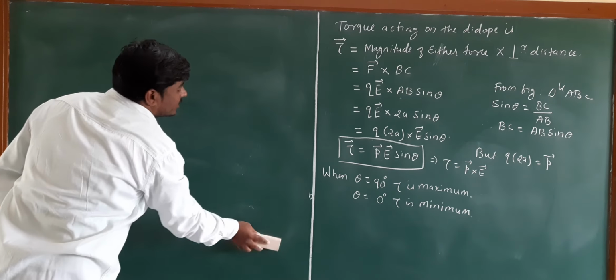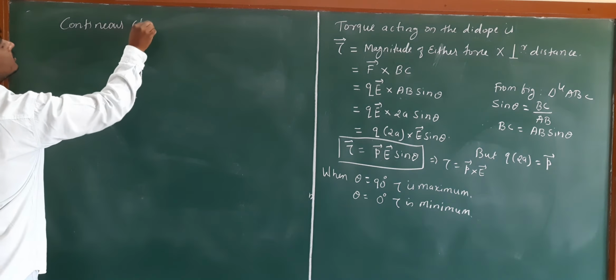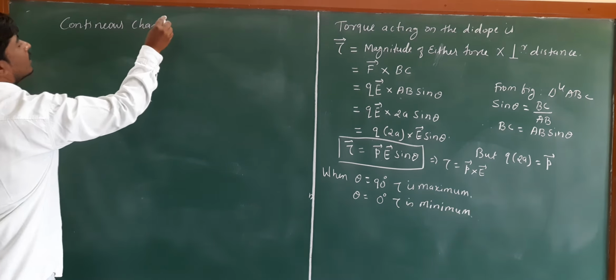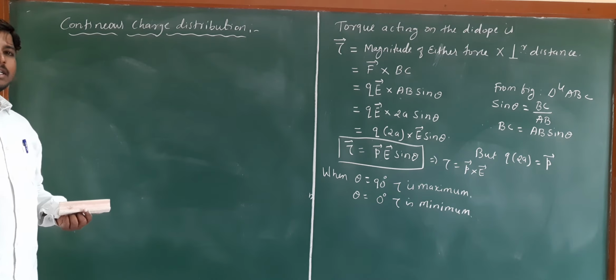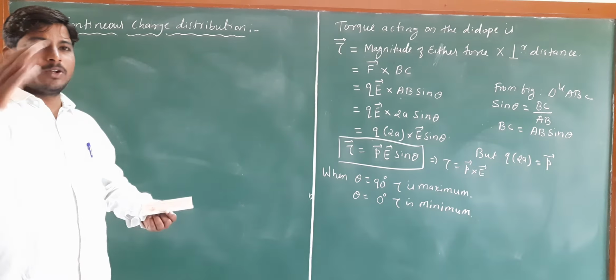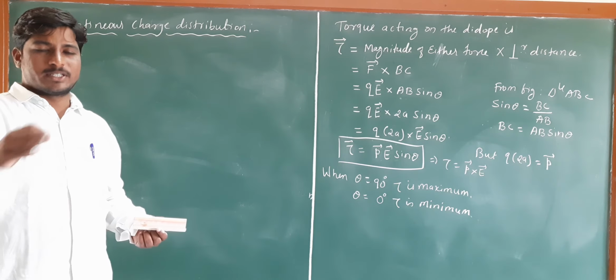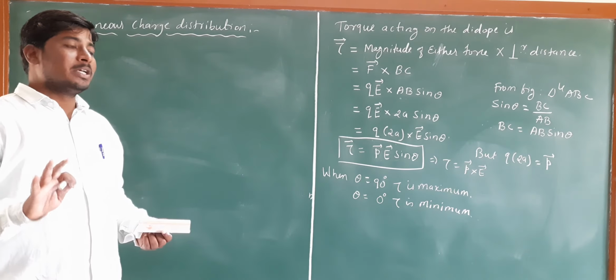In a continuous charge distribution, we say that charge is distributed over surfaces. It may be a plane surface, or a circle, or maybe a straight line. There are three types of distribution of charges.